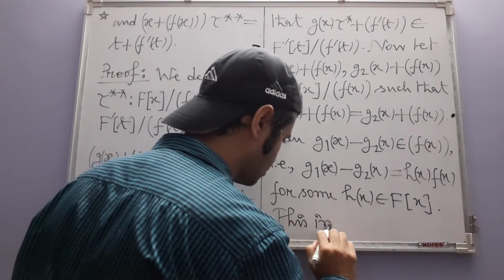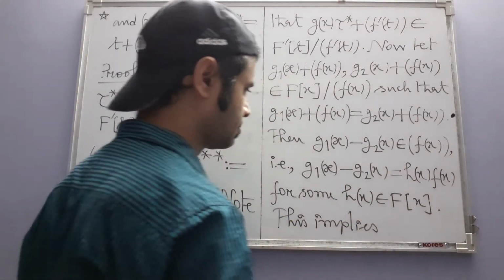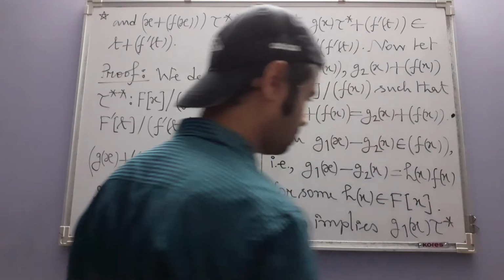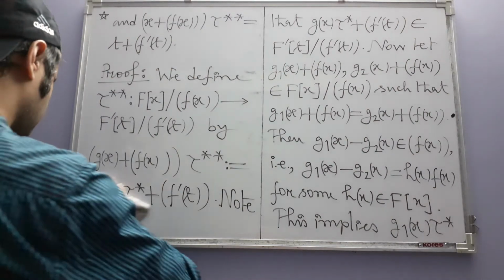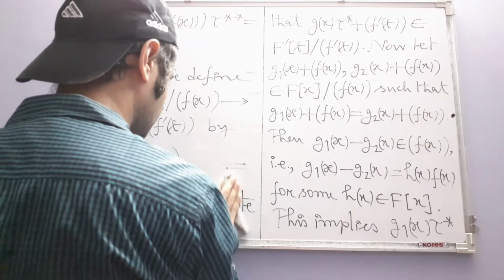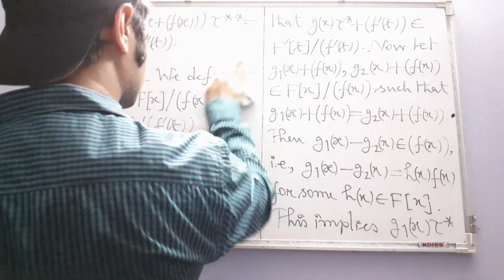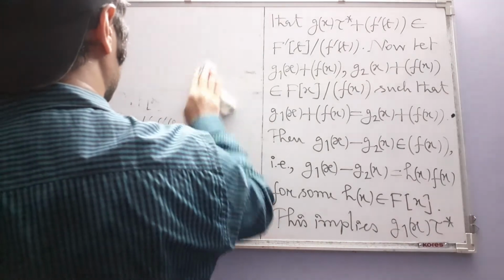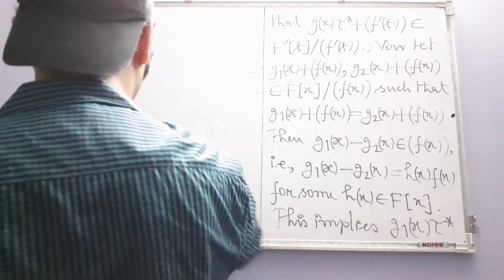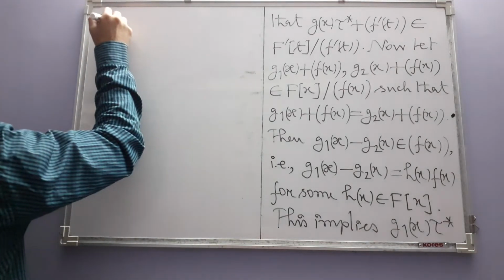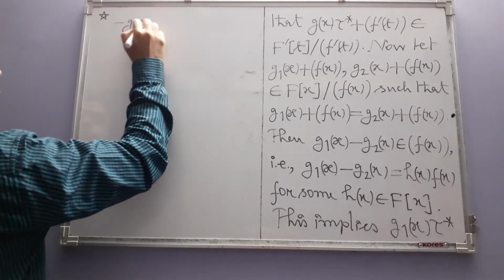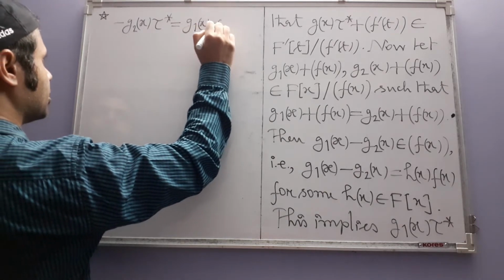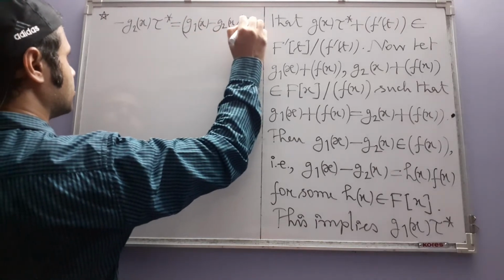This implies g1(x) tau star minus g2(x) tau star equals (g1(x) minus g2(x)) tau star. Why?